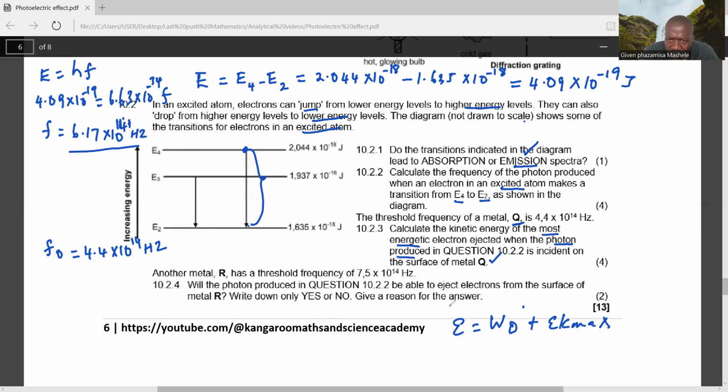This one, we just calculated it now. The energy of the photon we have is 4.09 times 10 to the power minus 19. The work function we know is h f naught. So it's going to be 6.63 times 10 to the power minus 34 multiplied by the cutoff frequency, 4.4 times 10 to the power 14, plus the EK max.